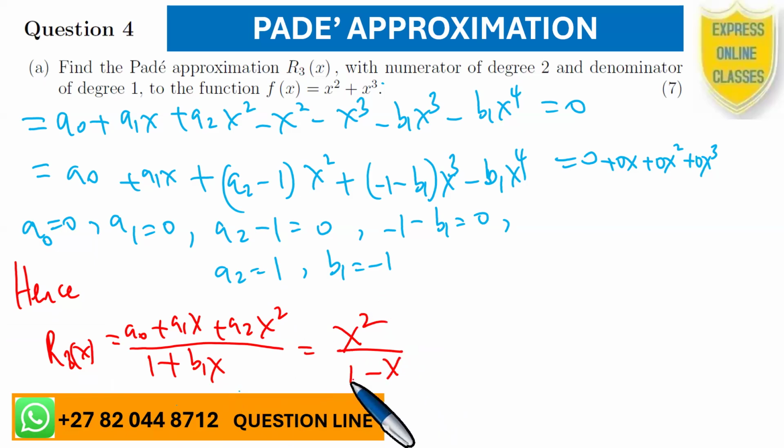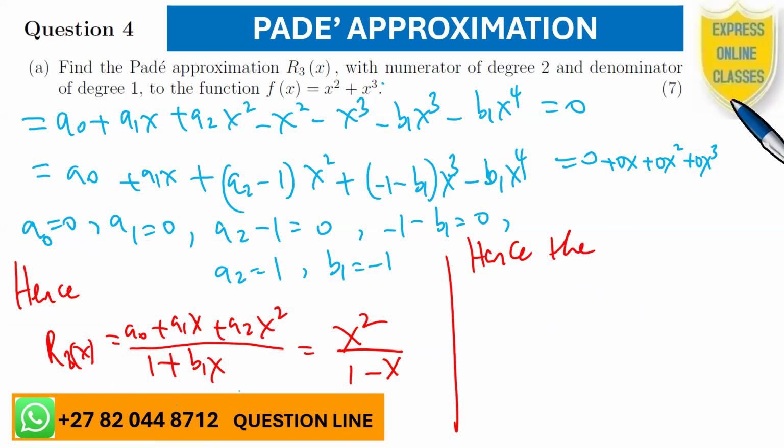So this therefore means that hence the Pade approximation.